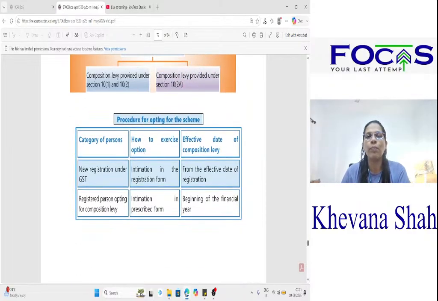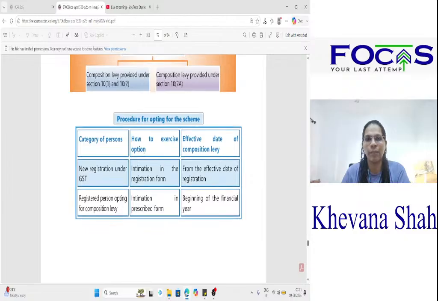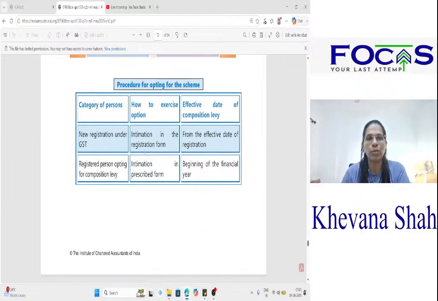Then we have the procedure for opting for the scheme. So what are these procedures for different categories of people? The persons are divided under various categories, and for each category we have a defined procedure for opting for this scheme. So the first one is new registration under GST.